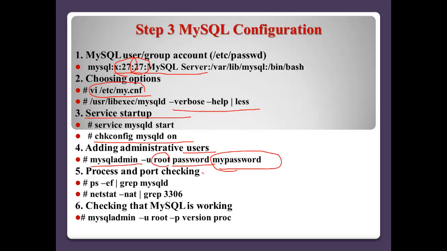We need to check the exact process and port number using the commands ps -ef and netstat -t. The port number will be 3306. Number 6, checking that MySQL is working. We can use the command mysqladmin -u root -p. Using this, we can check the version number and protocol information.